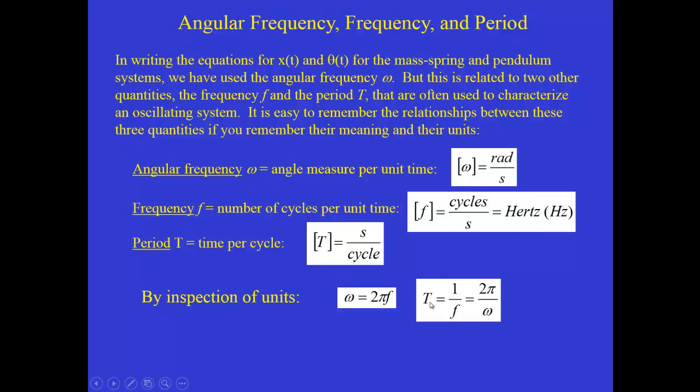And T is 1 over f. We talked about that a minute ago. So we could also substitute in for f here and relate T to omega and realize T is 2 pi over omega. So these are expressions that we have to use sometimes to relate these three quantities. Realize, of course, that if you have one of them, you can find the other two.